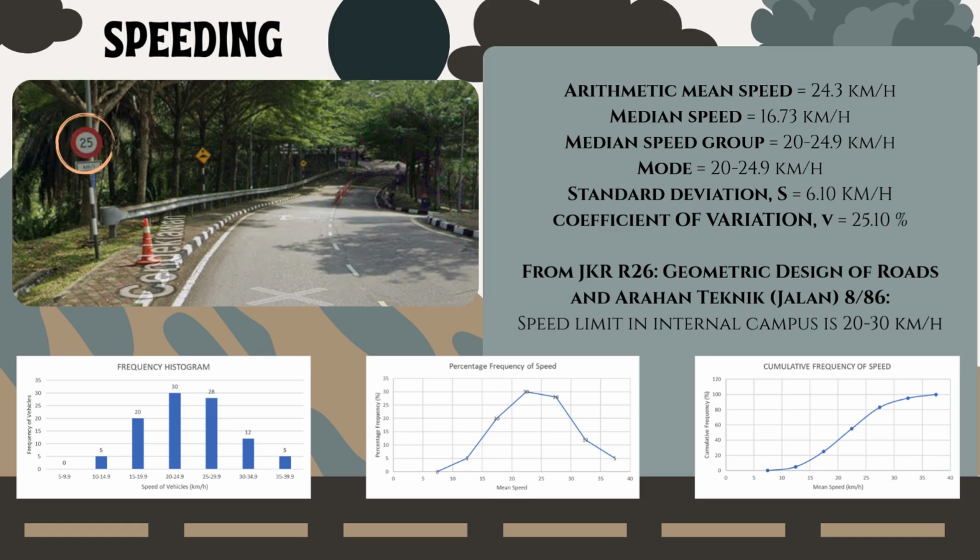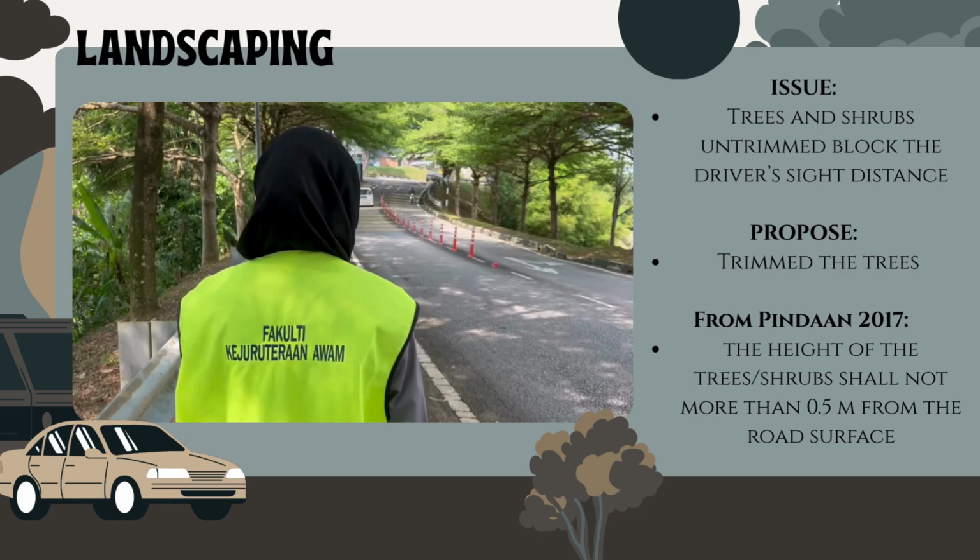At our study location, the value is 24.3 km per hour, which is acceptable since by referring to GKR R26, the speed limit in a general campus should be in the range of 20 to 30 km per hour. As a conclusion, the vehicles follow the signage, which shows the speed limit is 25 km per hour.